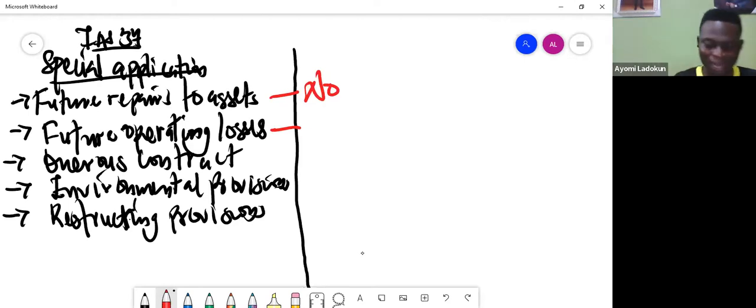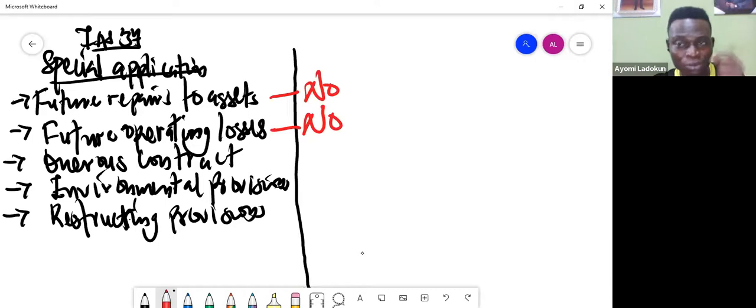The answer is absolutely no. You see, with all these answers, you are not just thinking in your head. You are going to apply the principle in the standard. If you are thinking that your business will start making losses, it's an indication of impairment. That's one. Two, that loss relates to the future. Three, you can even avoid the loss by stopping the business before that time. So you can't make provision.